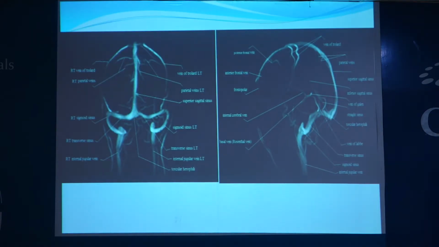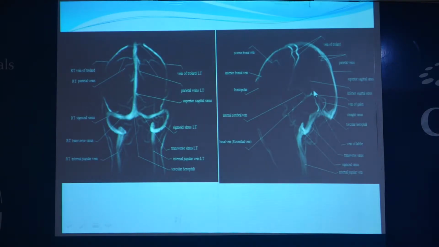This is the venous anatomy. As you can see, the cortical veins, for example, anterior frontal vein, posterior frontal veins and veins of Trolard. These are the cortical veins. They drain into a larger sinus, that is the superior sagittal sinus. Then there is an inferior sagittal sinus here, then internal cerebral veins, vein of Rosenthal.